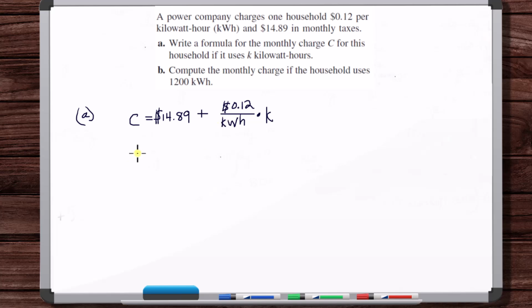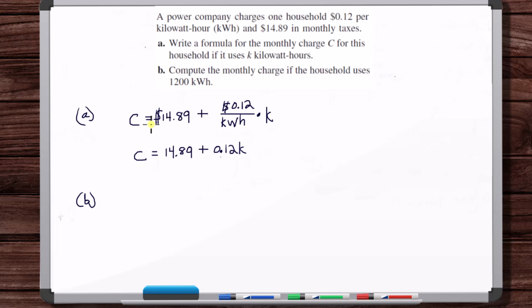You see? So what we're left with, we can clean this up and just say plus 0.12 K.